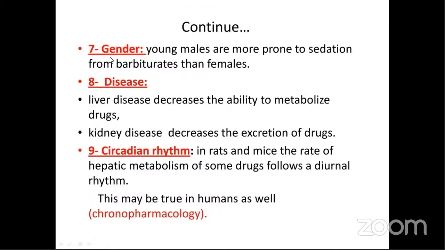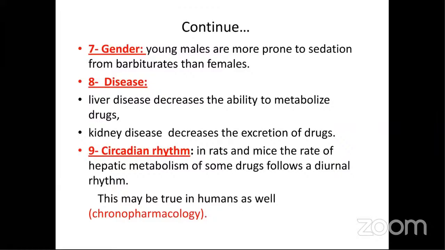Some disease states also affect the metabolic process, like liver disease. Suppose liver disease is there, the liver is not working properly, so there will be difficulty in the metabolic process. Suppose kidney disease is there, there is a decrease in excretion of the drug. If there is no excretion, whatever drug is metabolized will cause toxicity inside the body. It will not be excreted properly if the kidney is damaged.